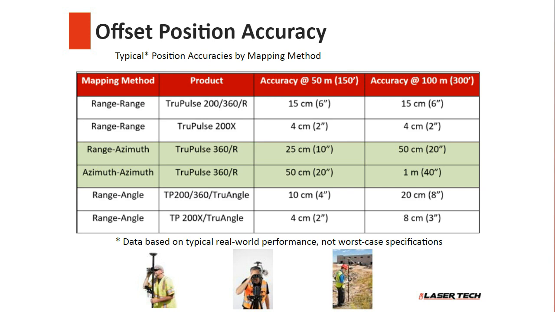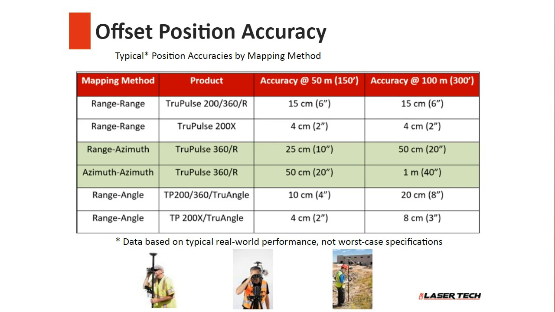It's all based on distance, and the distance accuracy of our lasers doesn't change over that range. So your position accuracy will remain the same as well. And then with the range azimuth and the range angle methods at the bottom, because you're measuring that horizontal angle to the target, and there may be some error in it, that error will increase over distance if you follow that.